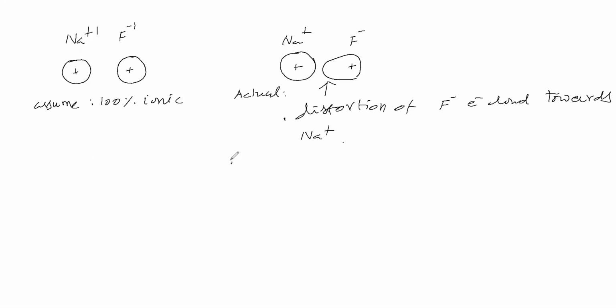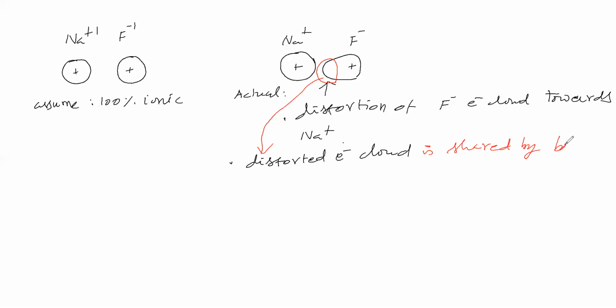Due to this distortion, we get a distorted electron cloud. This distorted electron cloud is shared by both Na plus and F minus.